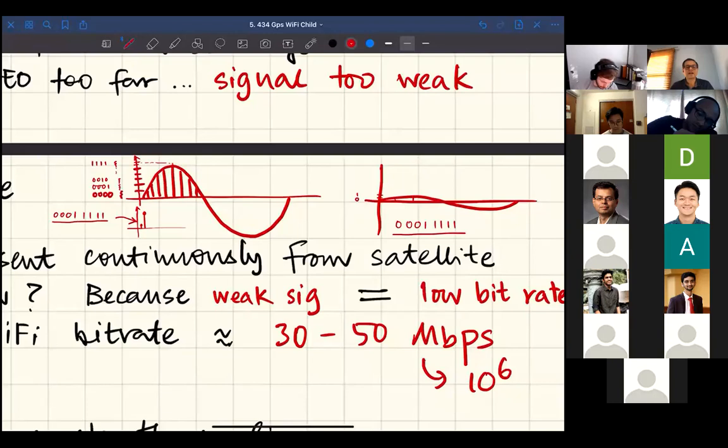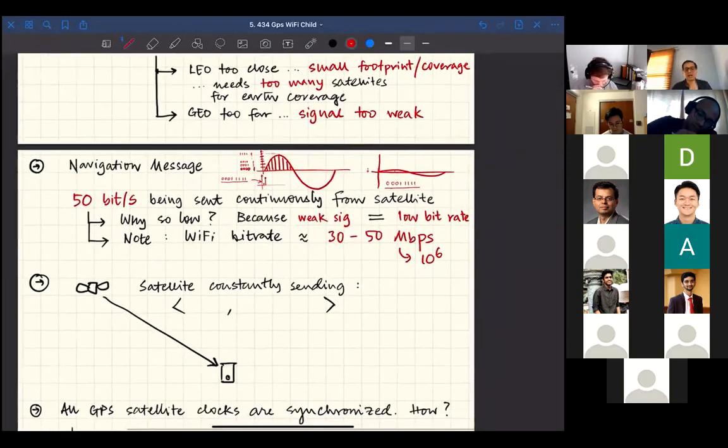As a result, weak amplitude signals give you a low data rate, and high amplitude signals give you a much stronger data rate. Again, this is a very, very high-level intuitive understanding, but it should give you some sense as to why weak signals from GPS give you such low data rates. Questions?